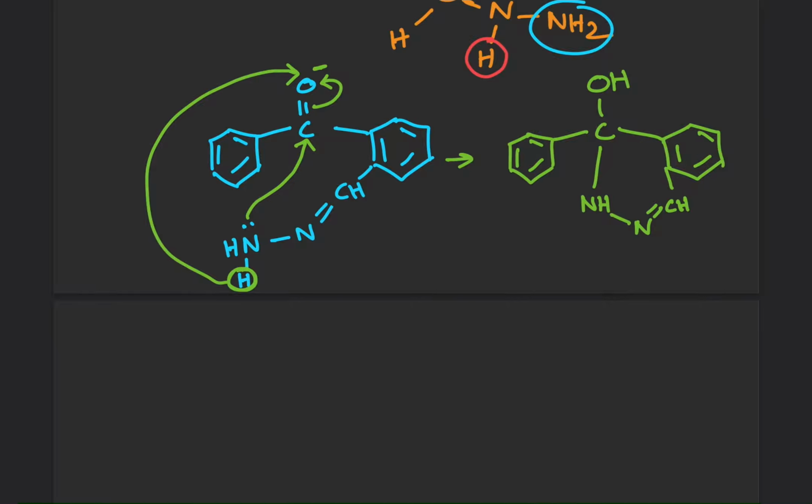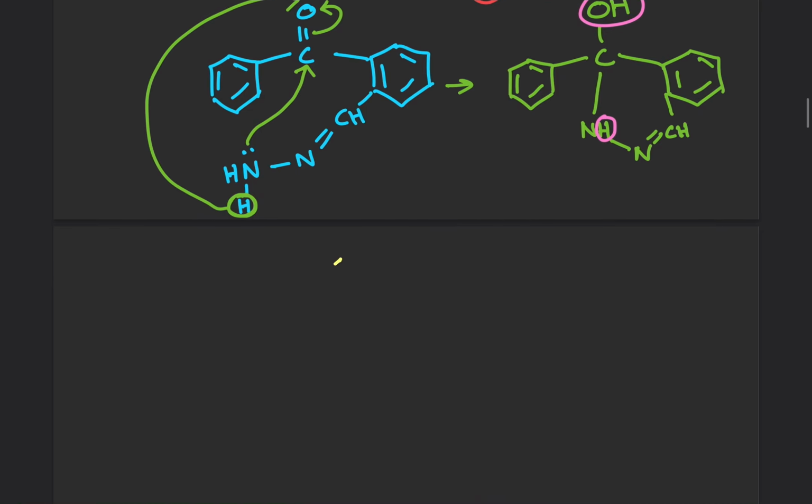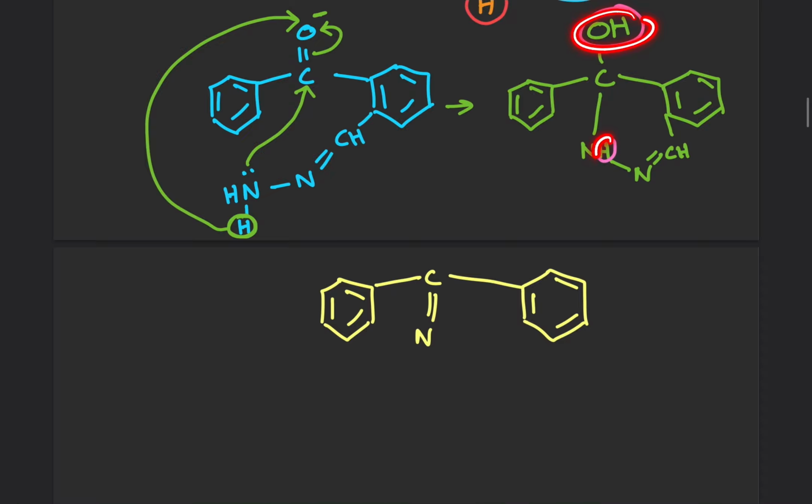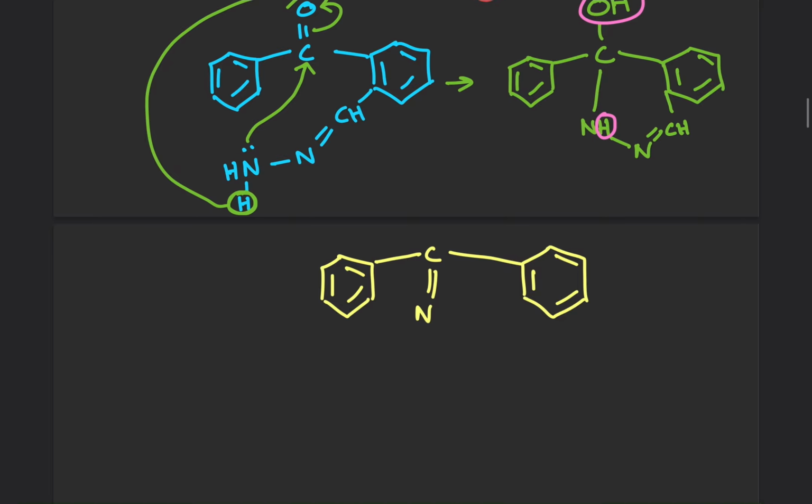And this will again lose a molecule of water, that is, this OH and this H will go out in the form of a molecule of water to ultimately give us this, benzene ring C connected to benzene ring, double bond N. Because we have lost a molecule of water here, there will be a double bond, which is connected to N, which is connected to double bond CH, which is connected to this benzene ring.